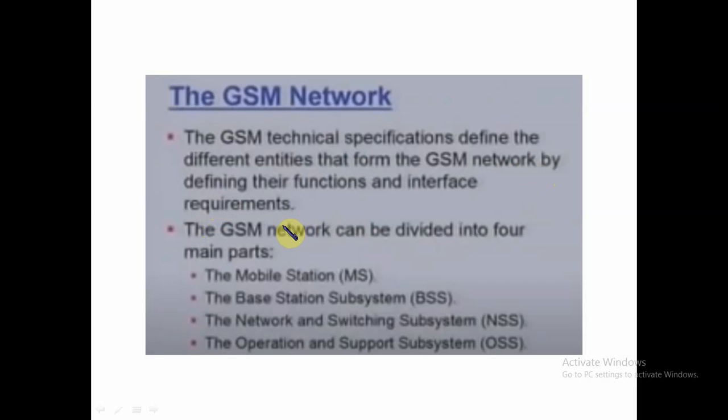The GSM network can be divided into four main parts, which we already saw in the previous video: the mobile station, the base station subsystem, the network and switching subsystem, and the operation and support subsystem, that is the OSS.